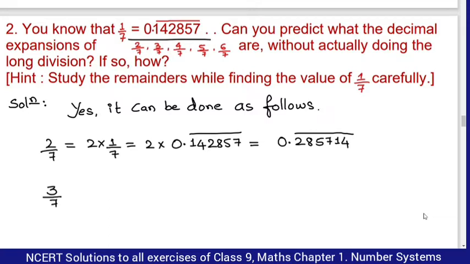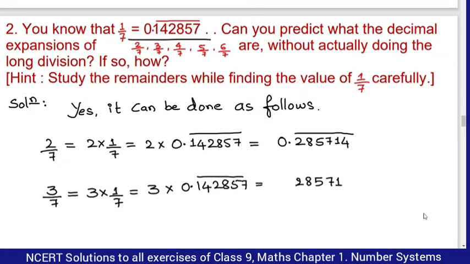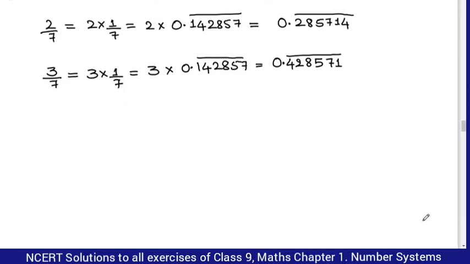And 3 by 7 is equal to 3 into 1 by 7, which is 0.142857. Multiply. Then it will be equal to 4, 2, 8, 5, 7, 1. That is 0.428571.